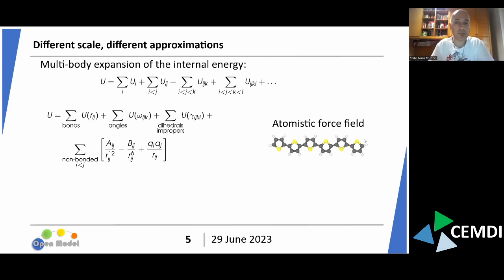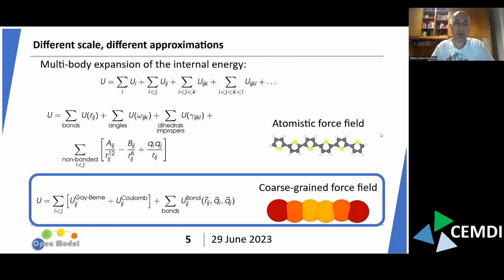For an atomistic force field, that would be the potential functions describing the bonds, angles, dihedral and improper angles between groups of atoms, and finally non-bonded interactions that account for the intermolecular energy. And so here we have the Lennard-Jones potential and the Coulomb potential, so the interaction between the charges.